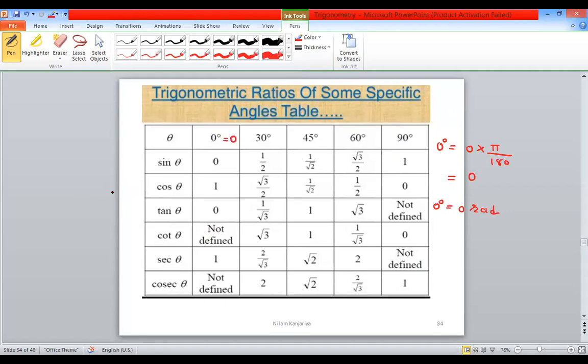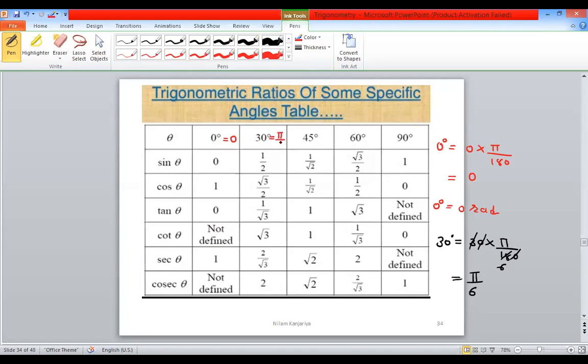Now the second, you can convert your 30 degree into the radian. You multiply 30 and divide by 180. It's a 0 to 0 cut, it's pi by 6. So 30 degree is written in the form of pi by 6.